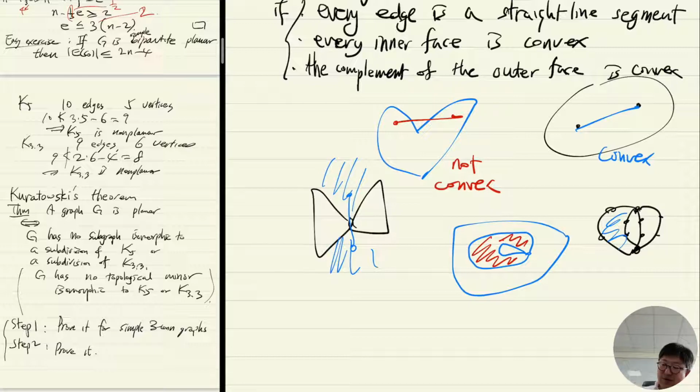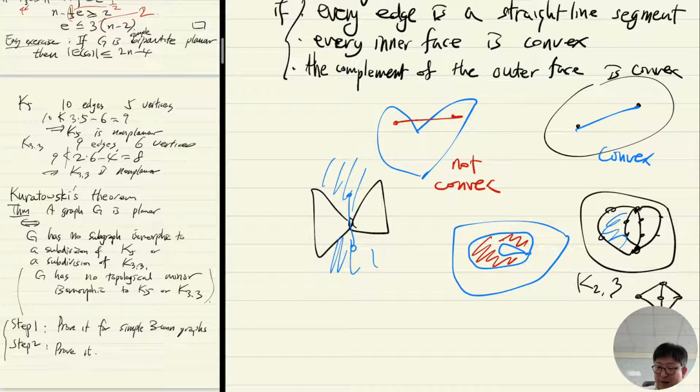Let me give you K2,3, or rather K2,4. Any drawing of K2,4 will create some face which is not convex, and the reason is the graph is not three connected.